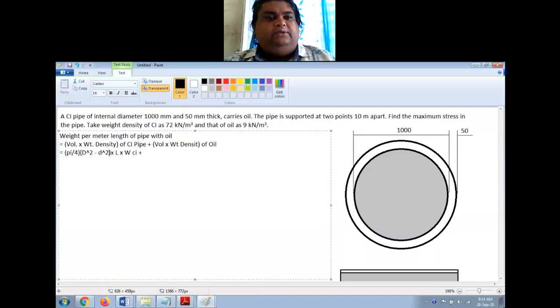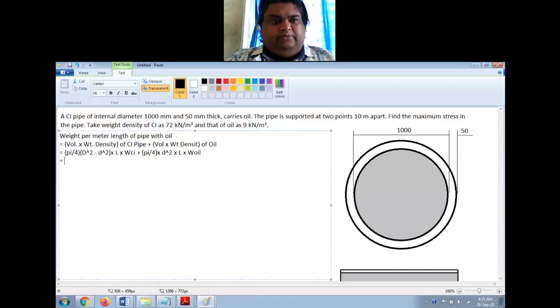So this is weight density of cast iron. Then I have volume of the oil, that will be pi by 4 into d square, because it is only inside the pipe I have the oil, into L into W oil.